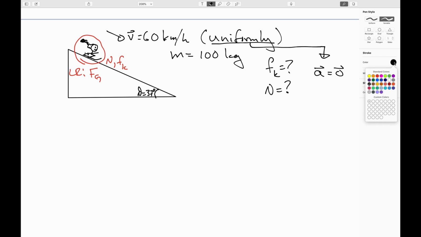All right. Now, at this point, I want to introduce what I like to call the first law of inclined planes. And that is, you should almost always choose your coordinate system so that the x-axis is parallel to the inclined plane. We call these inclined plane problems.